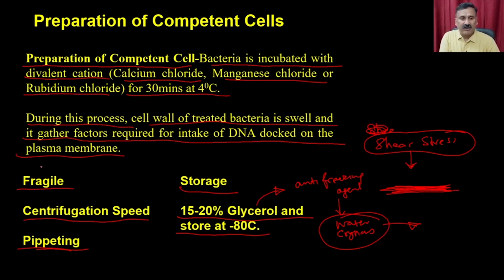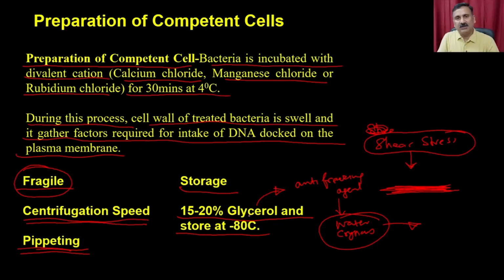So you have to be very careful, as the cells are very fragile and sensitive to centrifugation and to pipetting. That's why once you prepare the competent cells, you aliquot them into a suitable volume, and then you use that volume completely. You cannot just pipette it out and prepare more aliquots.